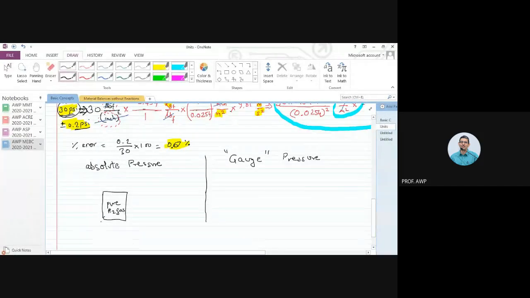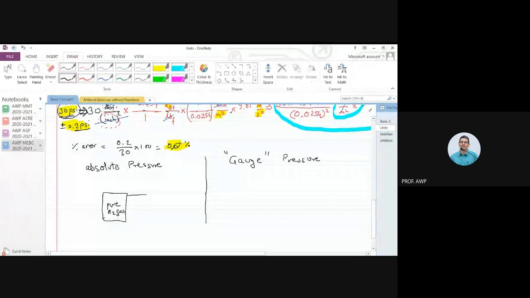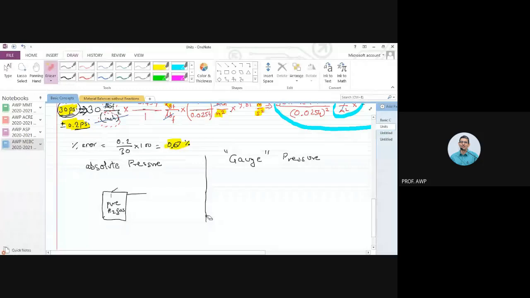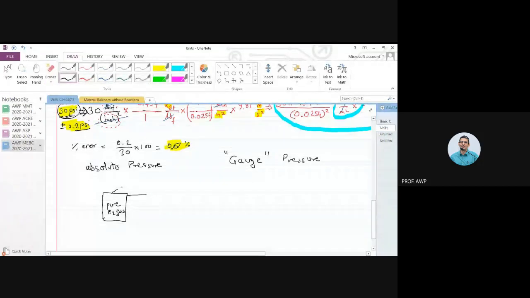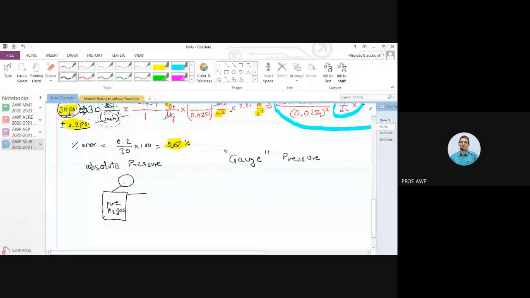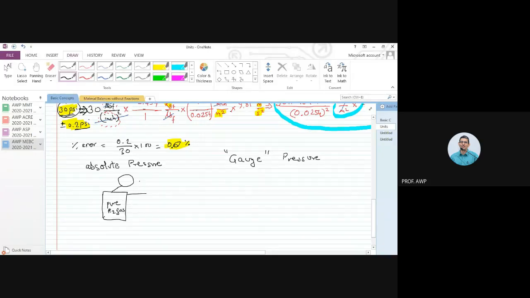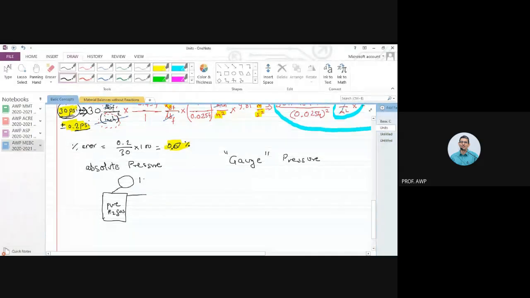Now, if I have to take out hydrogen gas from this tank, let's say the pressure of the hydrogen in this cylinder I am measuring by a pressure gauge. Okay. So let's say this pressure gauge tells us that the actual pressure of the hydrogen gas in this tank is, let's say, 10 atmospheres.